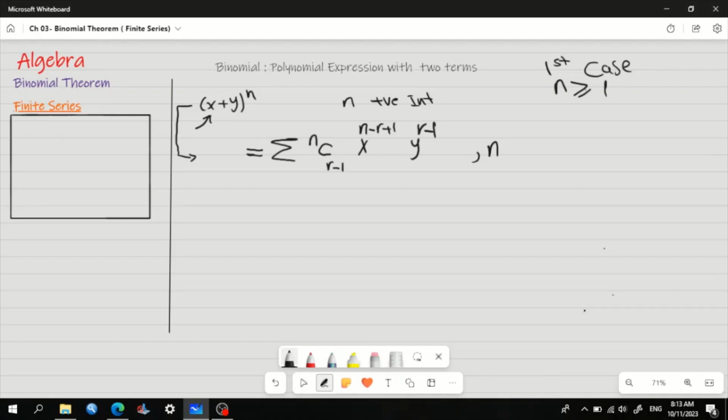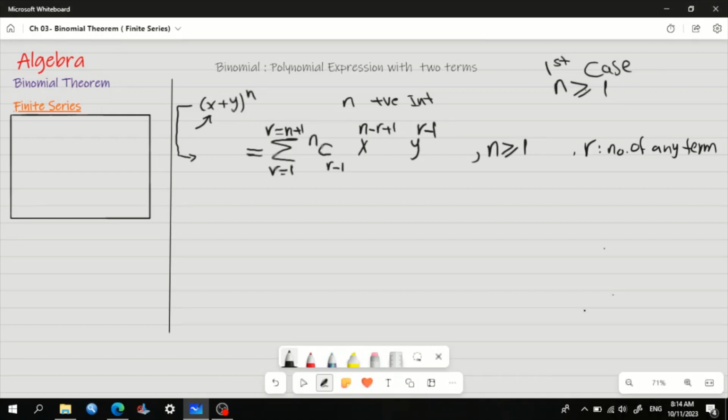And let me rewrite this here. n is greater than or equal to 1, and r represents the number of any term of my expansion. So r here starts from r equal to 1 up to r equal to n plus 1.